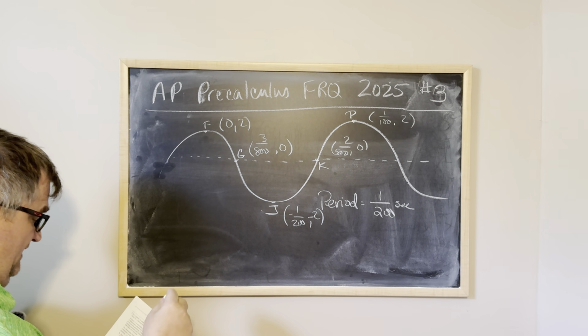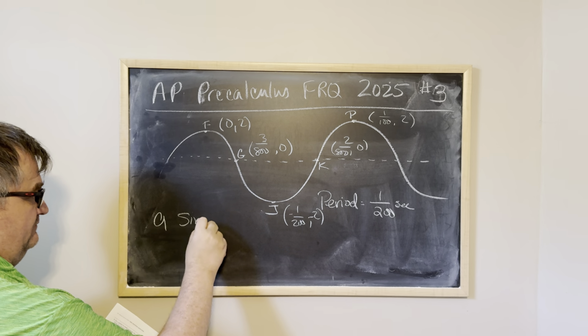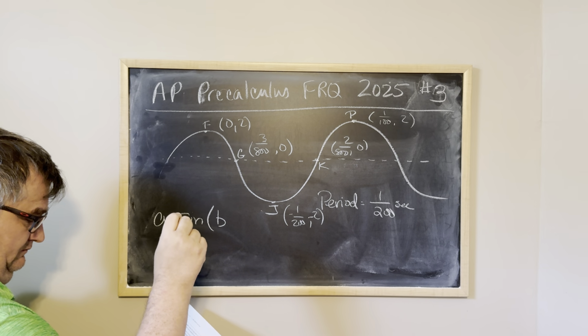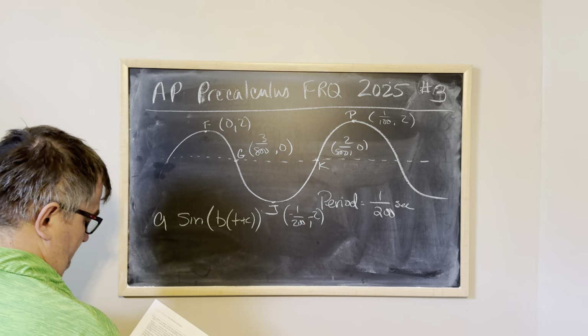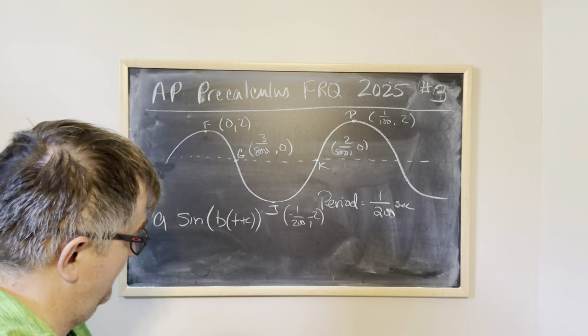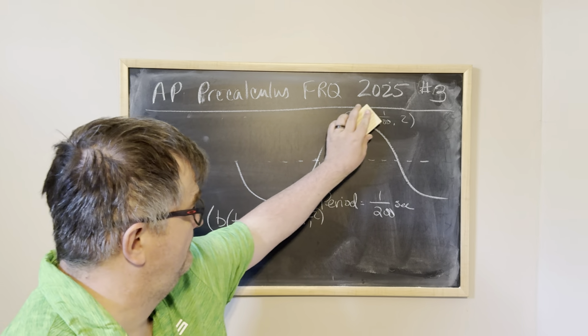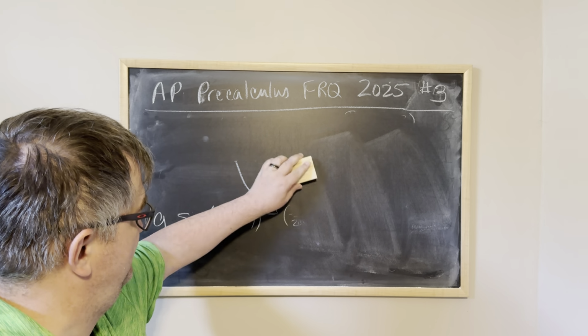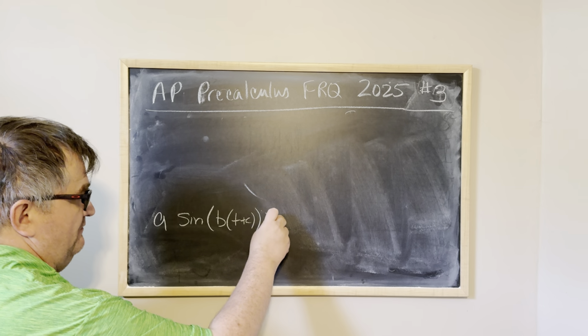Now, if we try to put it in a function, and it gives you in question 2 this function. And it says, hey, can you find me some values for this function?